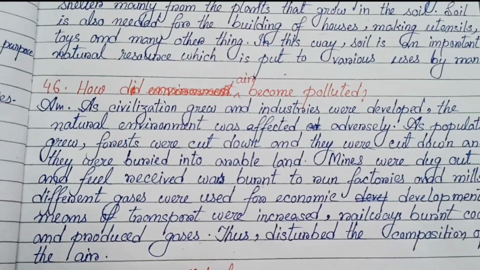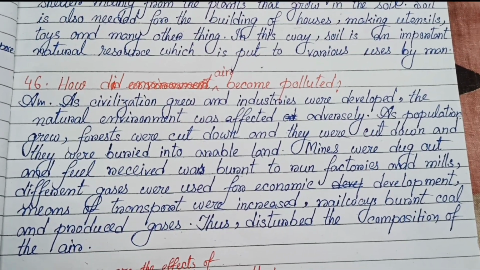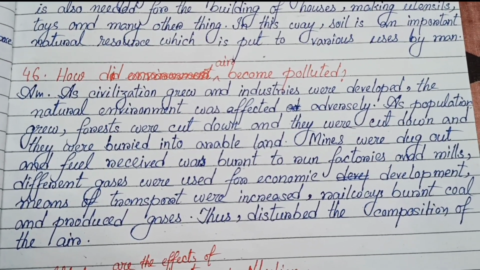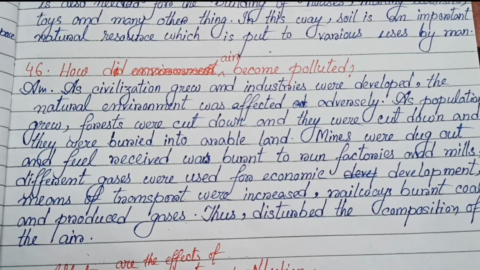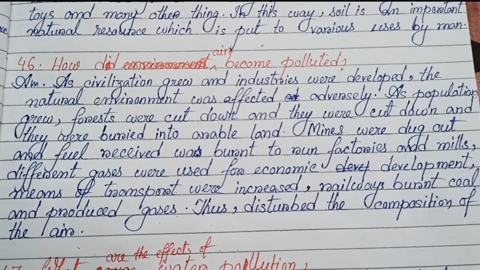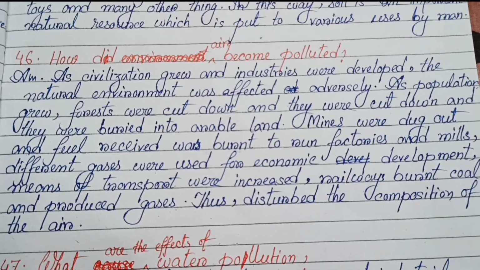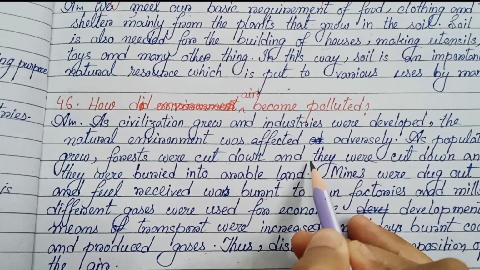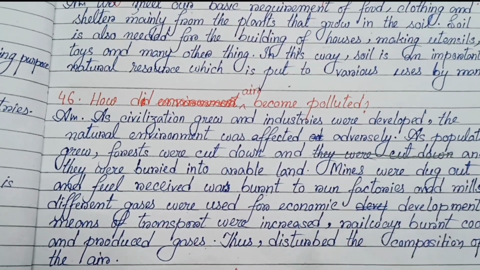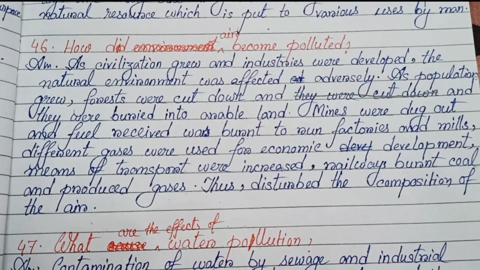Number 46. How did air become polluted? As civilization grew and industries were developed, the natural environment was affected adversely. As population grew, forests were cut down and converted into arable land.